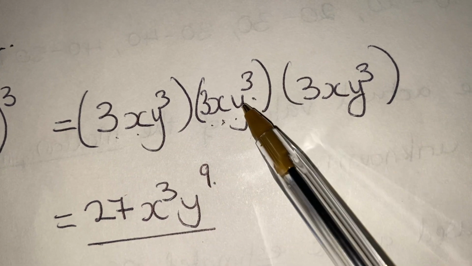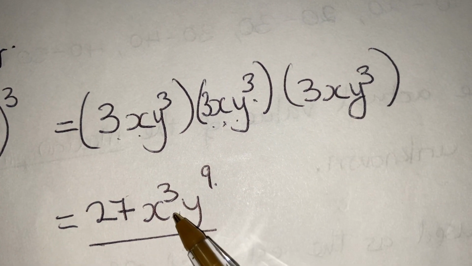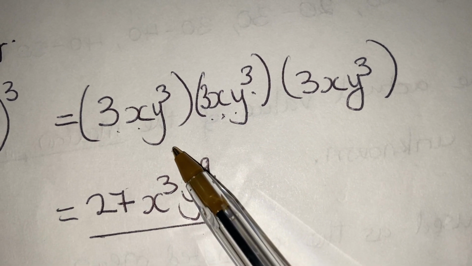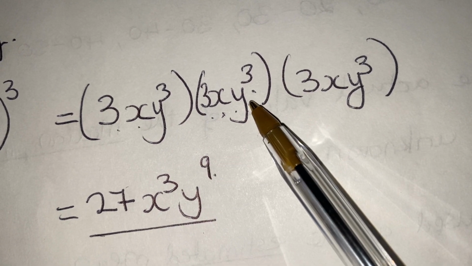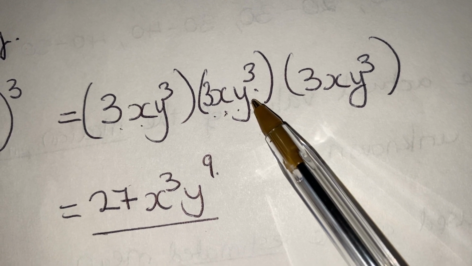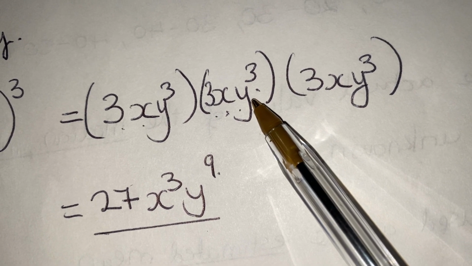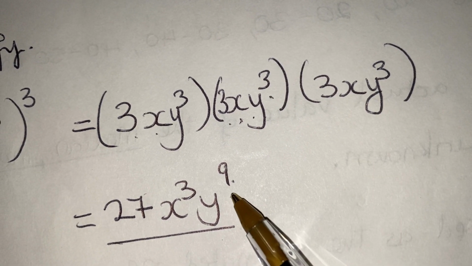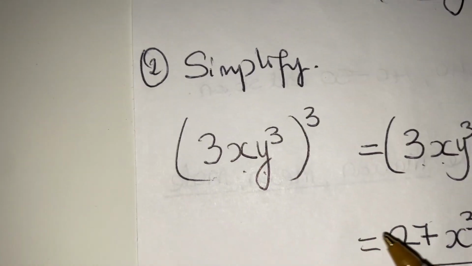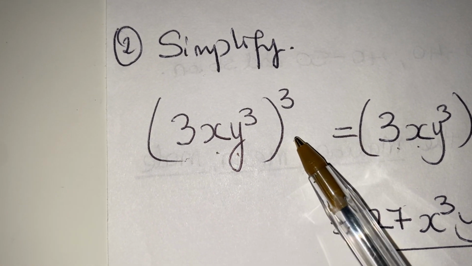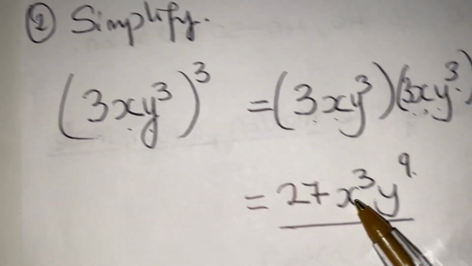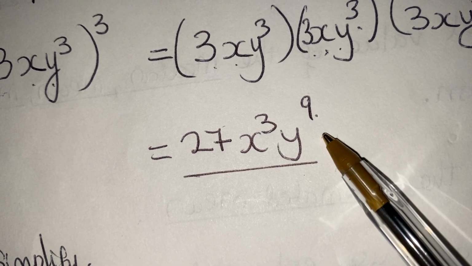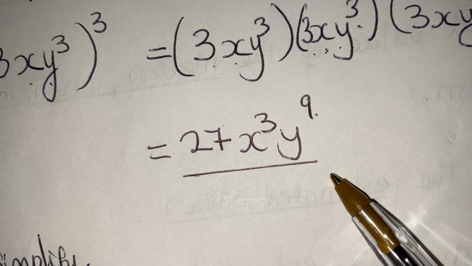X is x cubed. Y to the power 3, y to the power 3 is y to the power 6 if you multiply. Y to the power 3 again is y to the power 9. So (3xy cubed) all to the power 3 becomes 27x cubed y to the power 9.